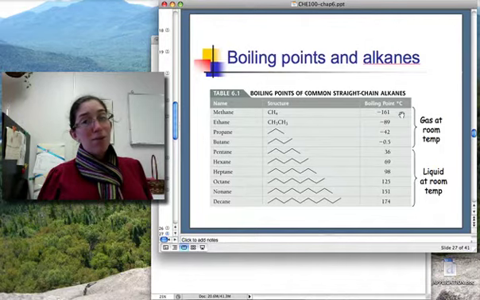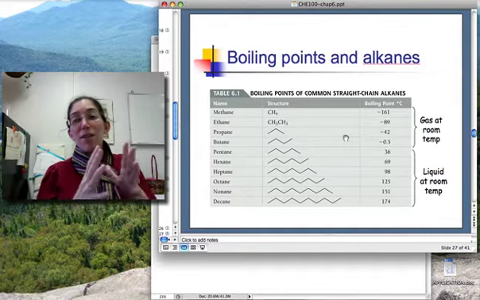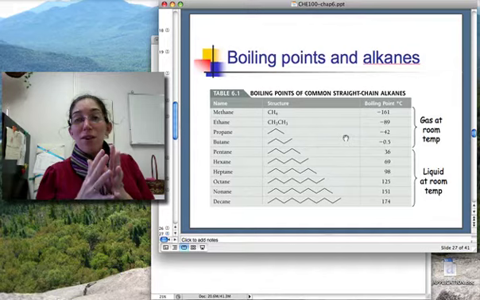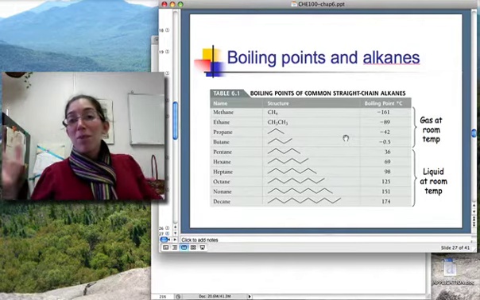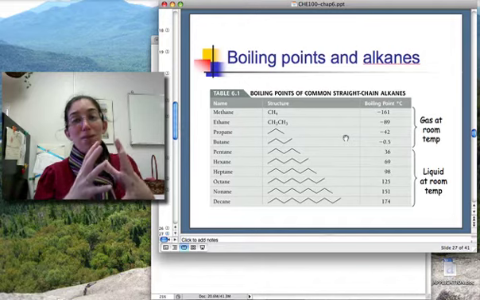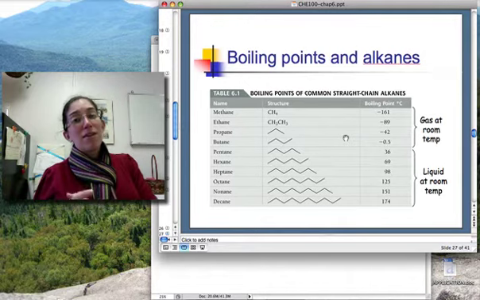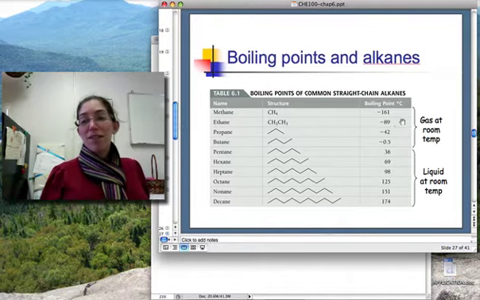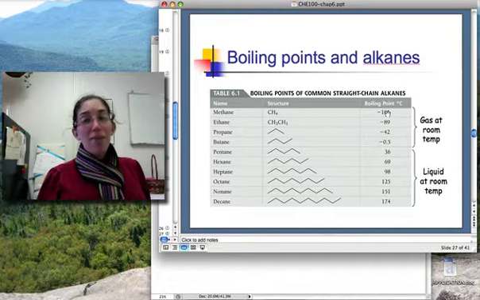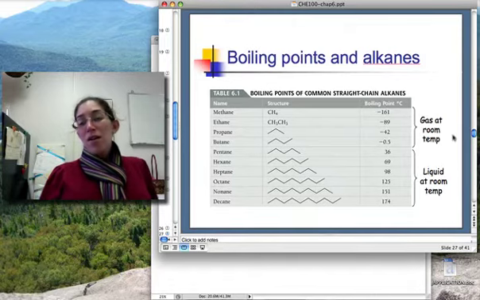at very low temperatures. They turn to gas because they have very few intermolecular forces holding them together. So they have to be pretty cold in order to form these intermolecular forces to keep them in a liquid or even to get them to a solid state. I'm not even sure there is such a thing as solid methane, how cold you would have to make it.